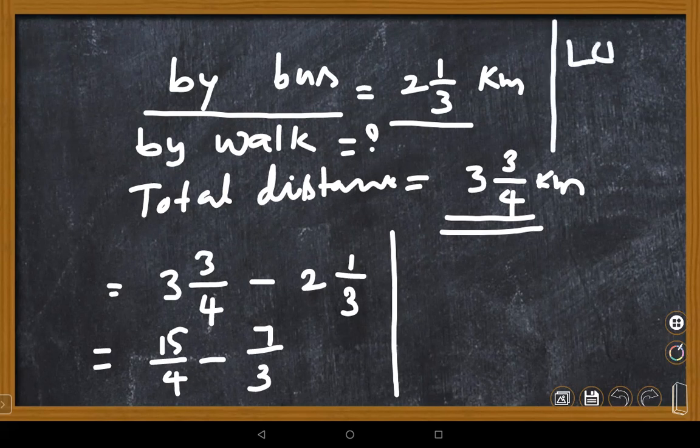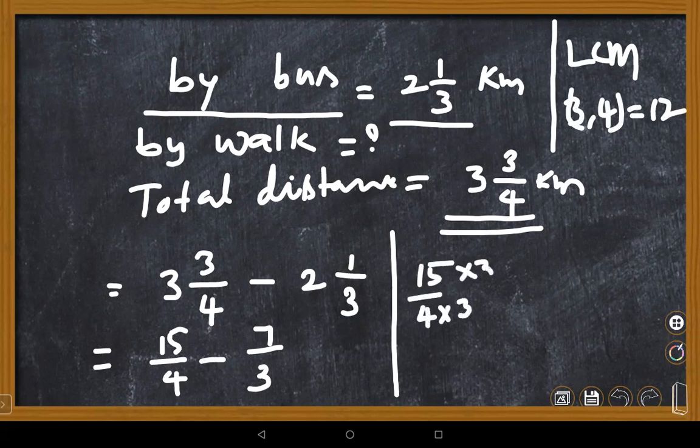The LCM of the denominators 3 and 4 is 12. Consecutive numbers, Nana, directly you should multiply. So the first fraction's denominator 4 makes 12, so multiply the first fraction by 3. The second fraction's denominator is 3; to make 12, you need to multiply by 4.